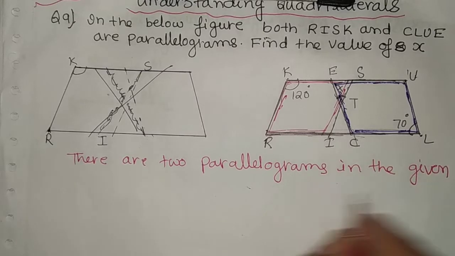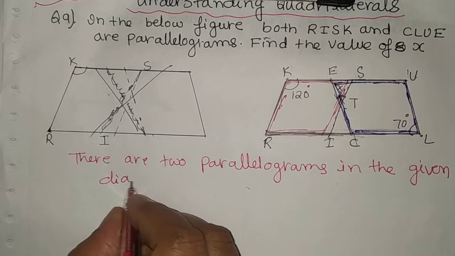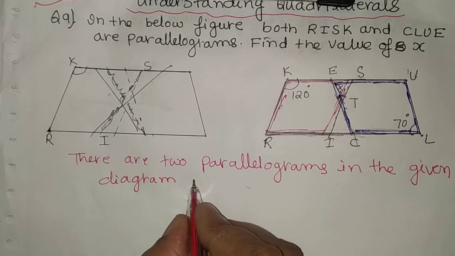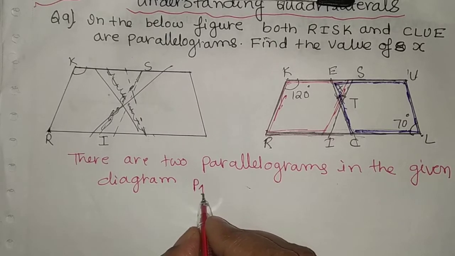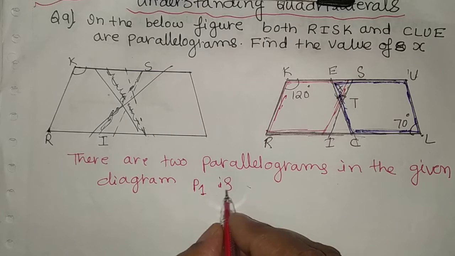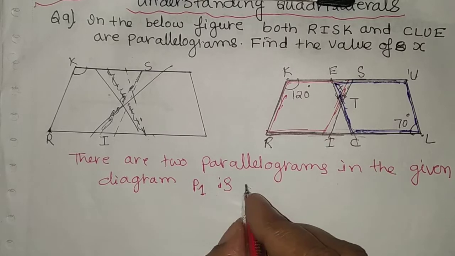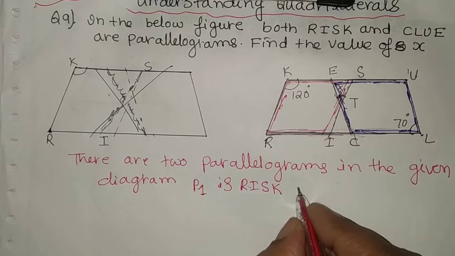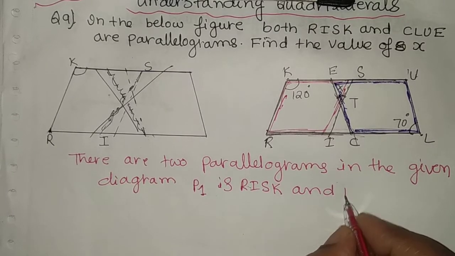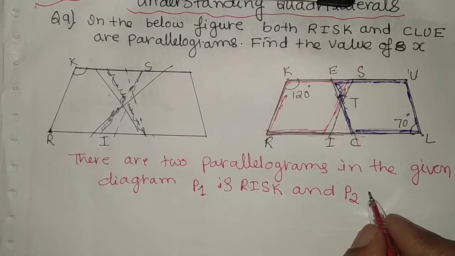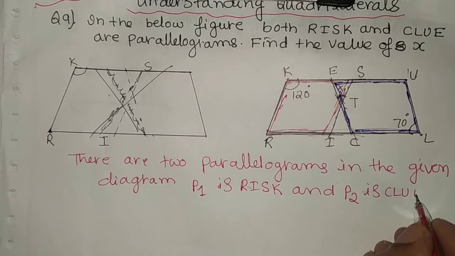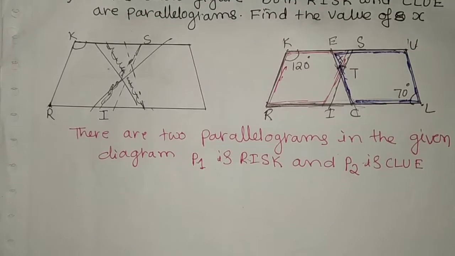Parallelogram 1, I'm writing P1, is RISK, and parallelogram P2 is CLUE. So we have colored one with red and one with blue.